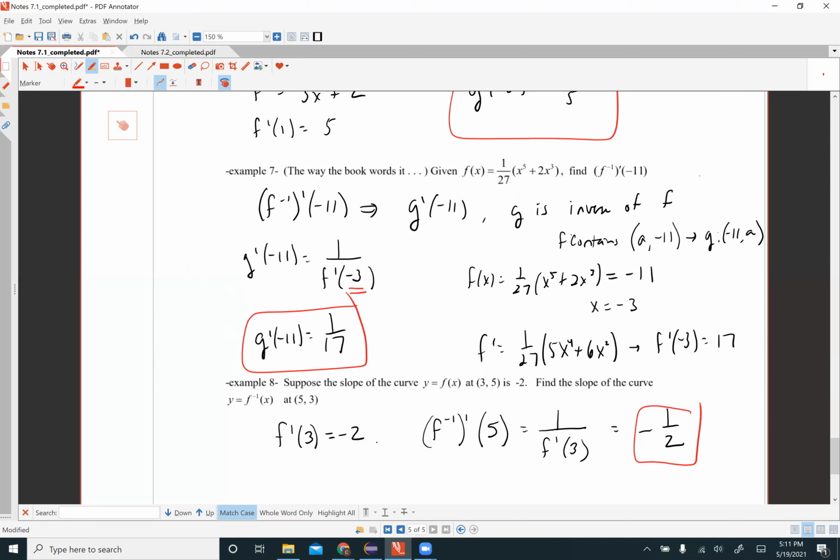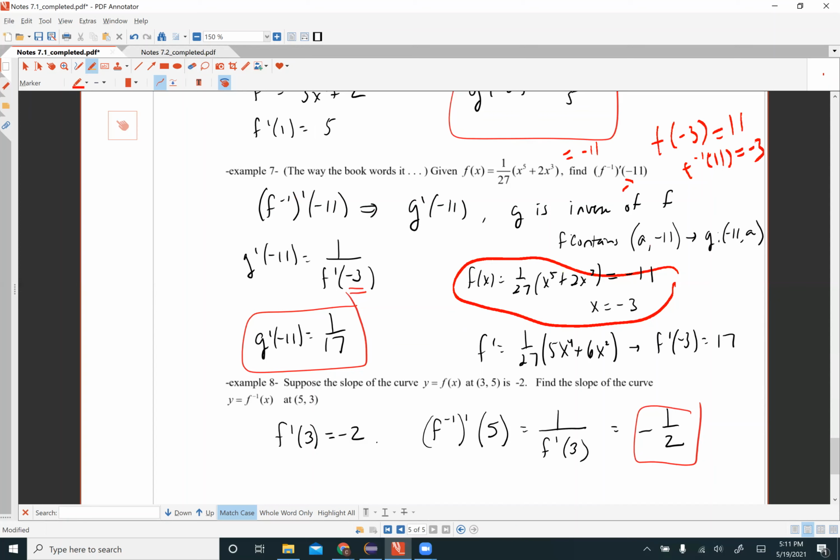First of all, you have to ask yourself what value of x gives us -11. You solve this equation by setting it equal to -11, and it turns out you get x equals -3. So we know that f of -3 is -11, so f inverse of -11 is equal to -3.